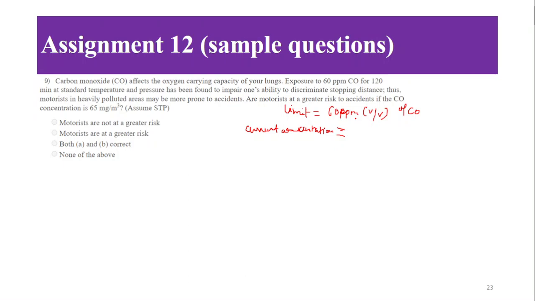So it is 65 milligram per meter cube. And we need to assume standard temperature and pressure. So standard temperature is 273.15 Kelvin and pressure is 1 atm or 1.01325 times 10 to the power 5 Newton per meter square or Pascal.